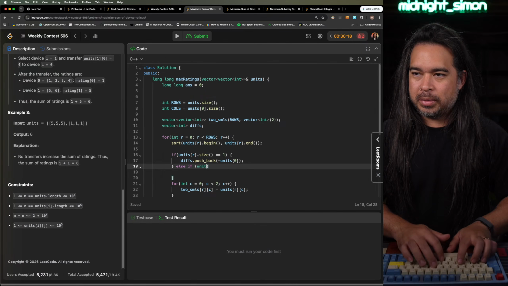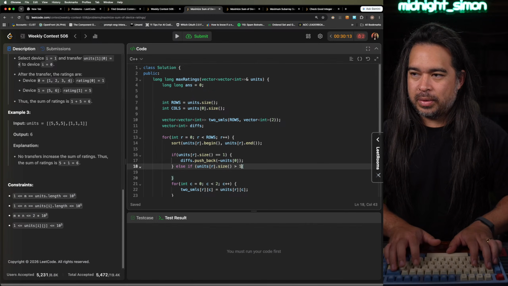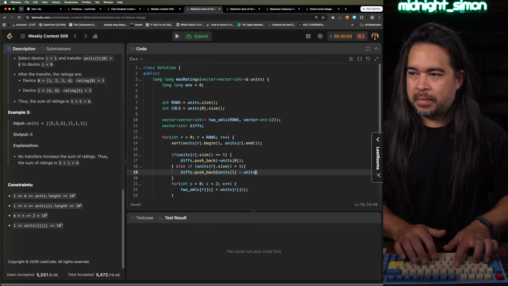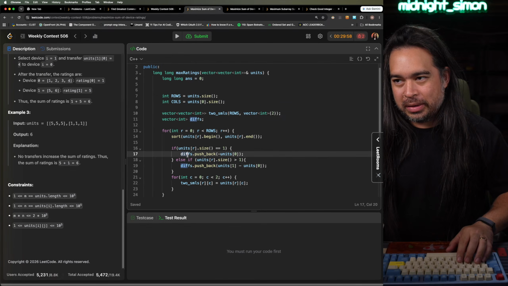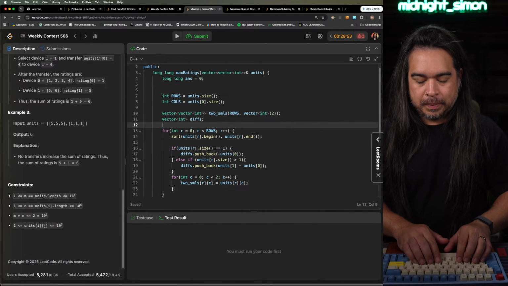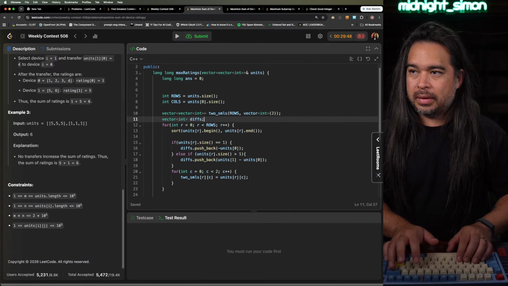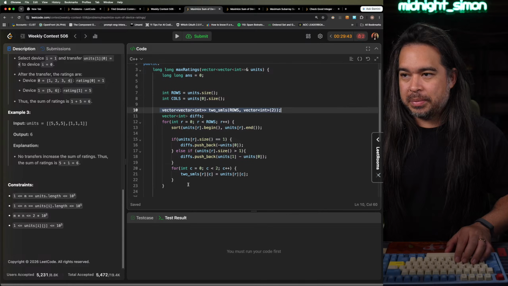And I'm just assuming here that it's greater than 1, then units 1. See, I don't know, do I just take half of those diffs? I guess we'll have the top 2 smallest ones there.